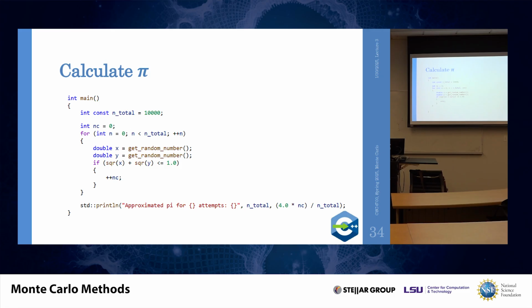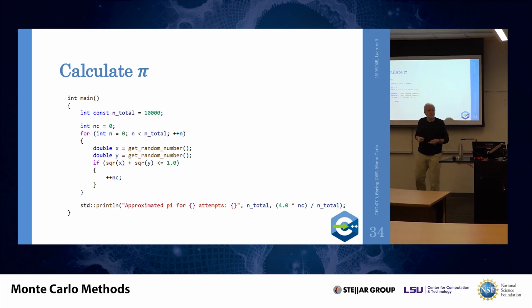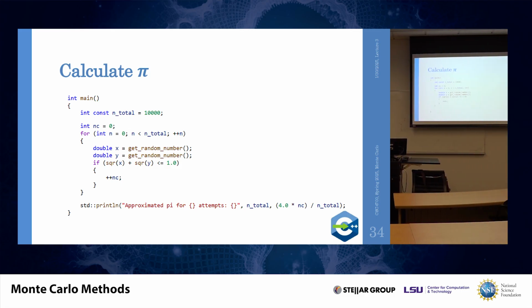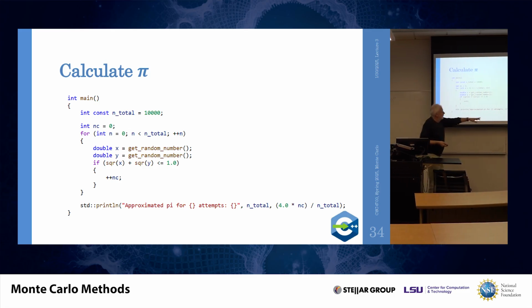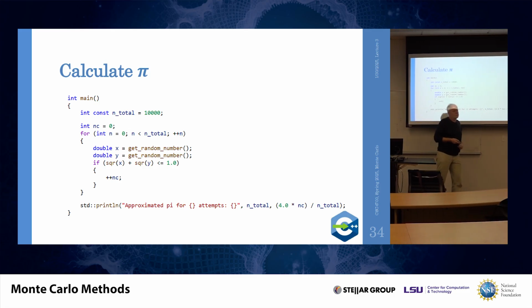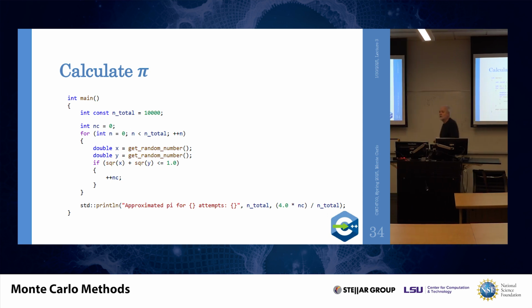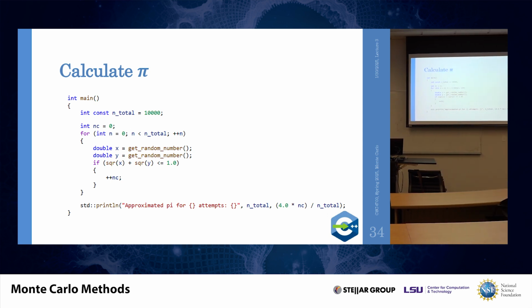If the sum is smaller than 1, then the square root will be smaller than 1 as well, obviously. And count the number of hits, and in the end we just print 4 times the number of hits divided by the number of attempts, and that gives us pi. Makes sense, right? So let's see how that works.